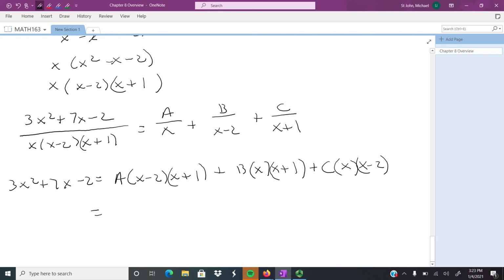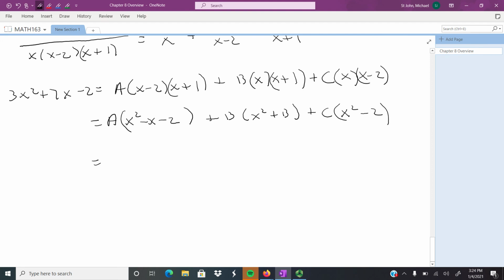Right? And so this would be a times x squared minus x minus 2, plus b times x squared plus x, plus c times x squared minus 2x.